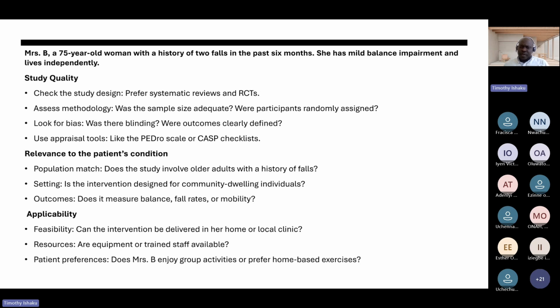Before we went on break, we were talking about evidence-based practice. We said evidence-based practice is you as a clinician using your clinical expertise to apply the best available evidence to your patient, taking into account their preferences. We say there are processes of evidence-based practice.